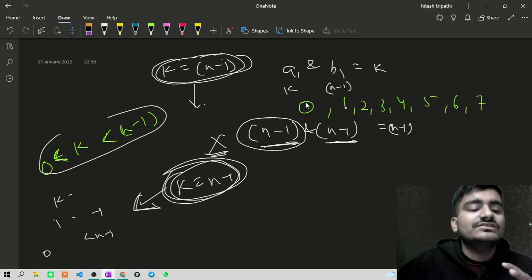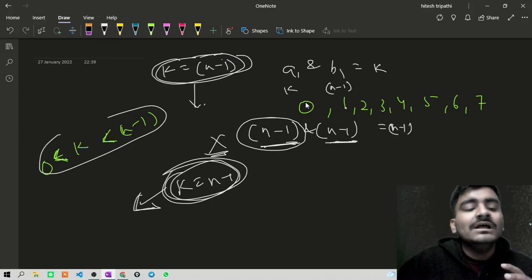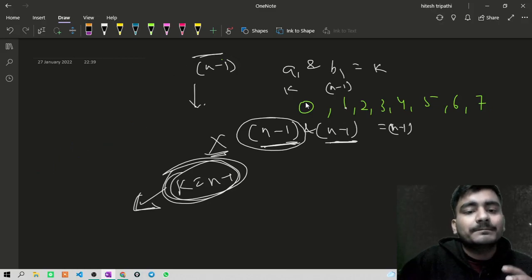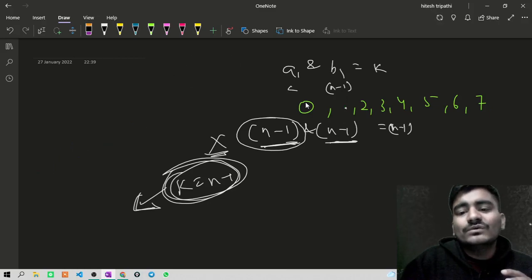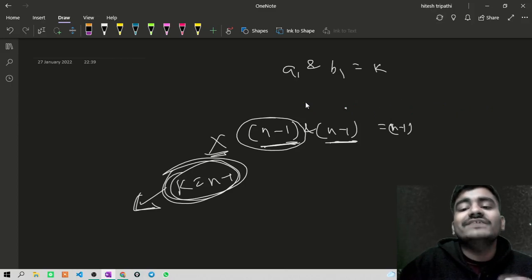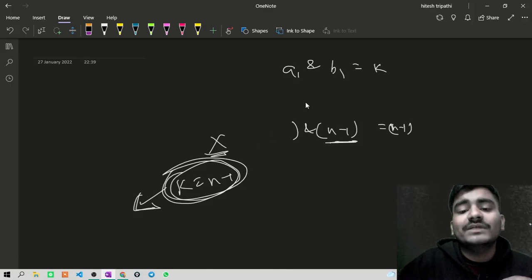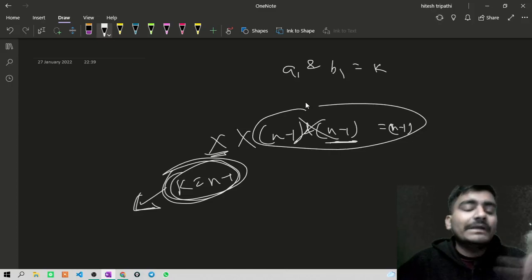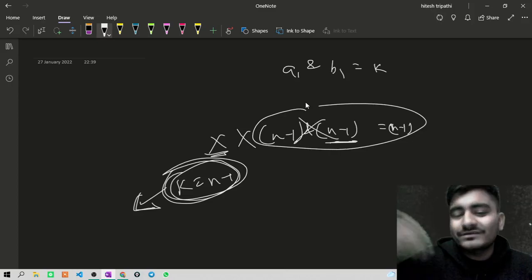So now let's just do that. Okay, when k is equal to n minus 1, I already know that we can't make the summation of the bitwise AND of a single pair as n minus 1. We cannot do this, this is wrong. Okay, fine, so let's go for some other thing.